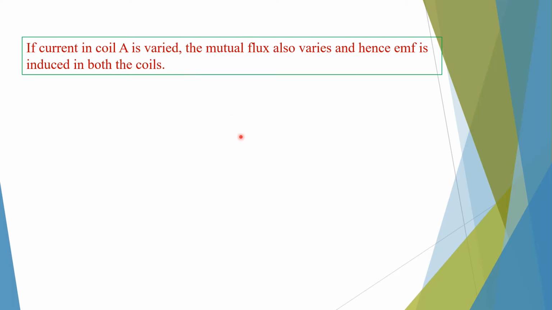Whenever current changes in a coil, the magnetic flux also changes, and due to change in flux there will be induced EMF. So the change in current in coil A changes the mutual flux through both the coils, and due to this change in mutual flux there will be induced EMF in both the coils.